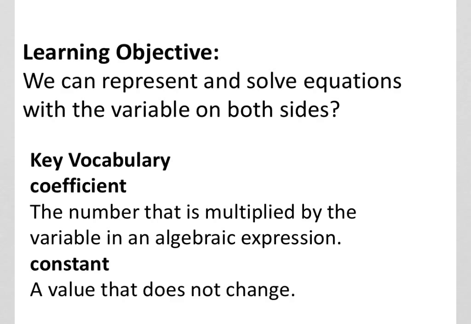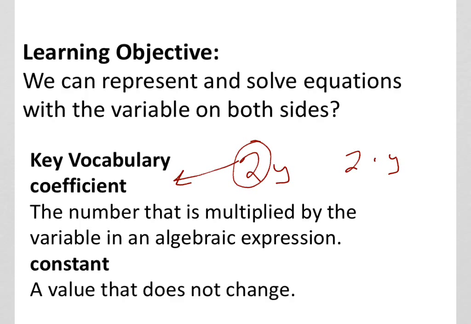So if I had, let's say, 2y, my coefficient in this case is the number in front of the variable, because this is 2 times y, so of course 2 would be my coefficient.